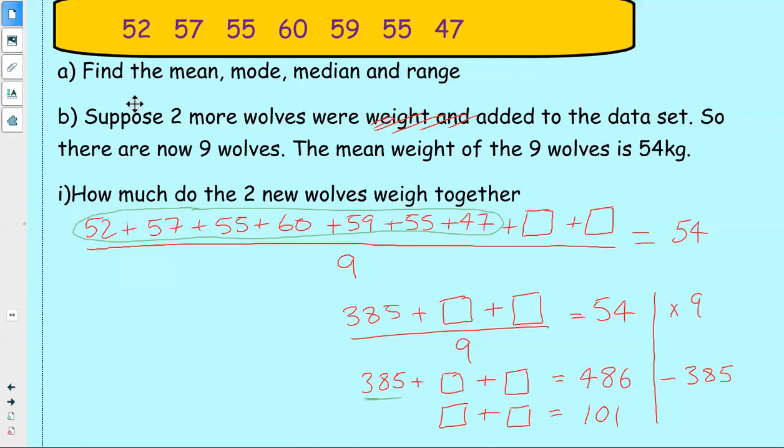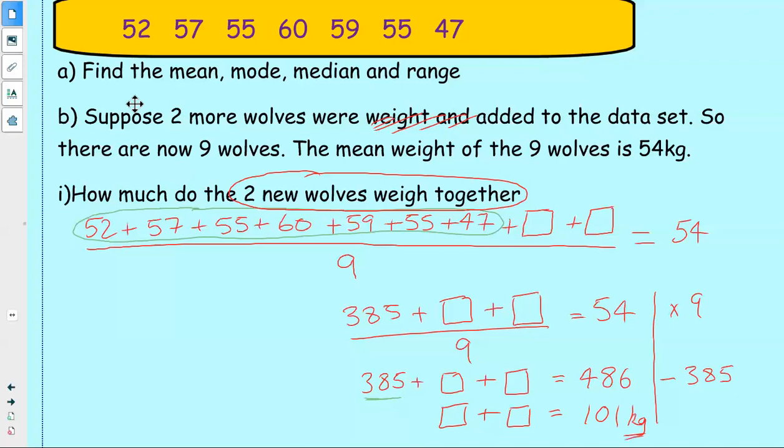It says, how much do the 2 new wolves weigh altogether? You don't know what each of the wolves weigh at the moment. You don't have enough information at this point. So you know altogether the 2 wolves weigh 101 kilograms.